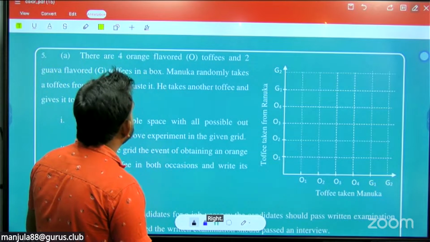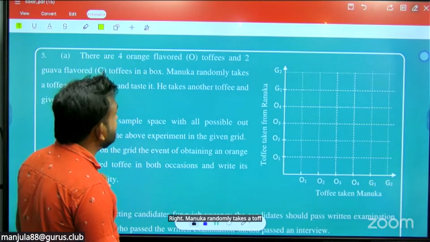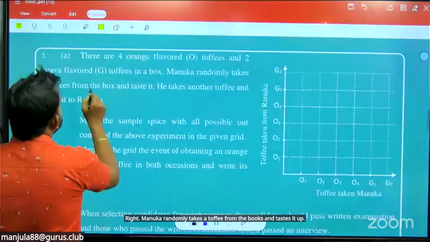Manuka randomly takes a toffee from the box and tastes it.